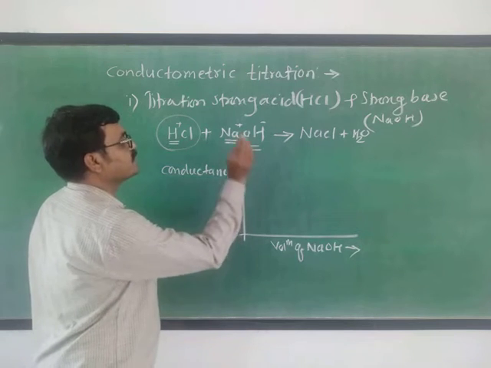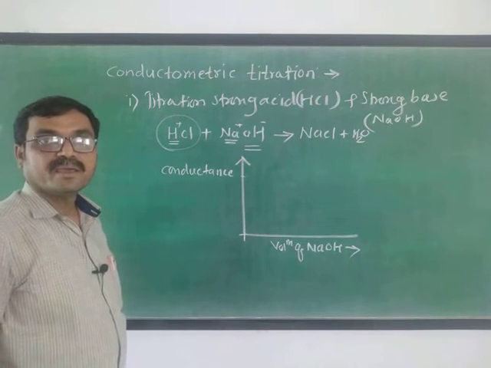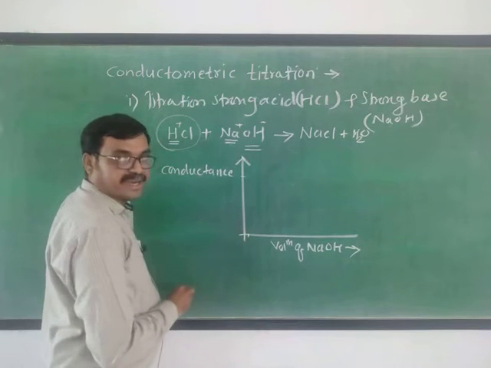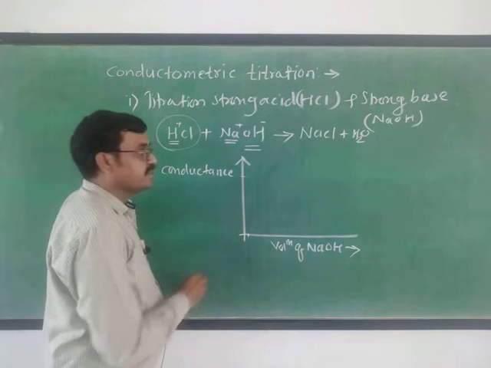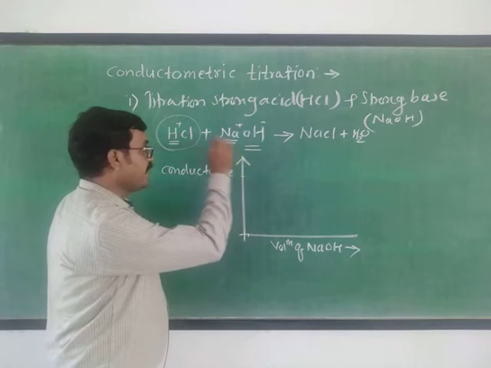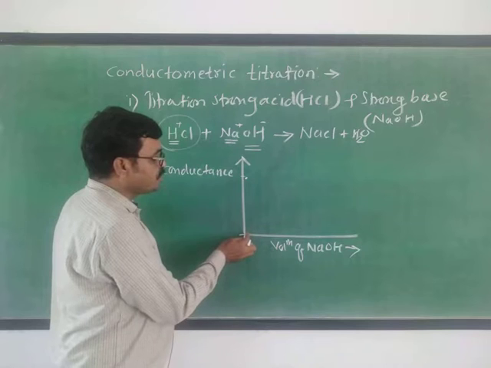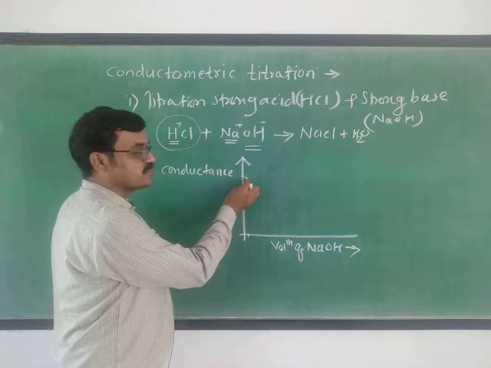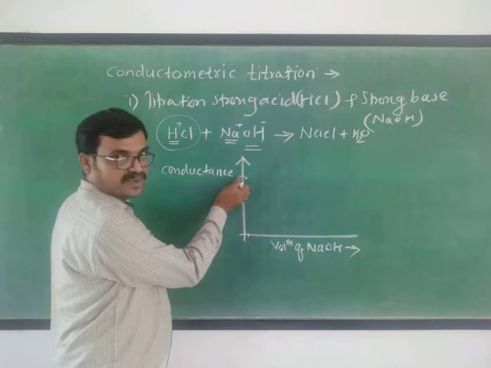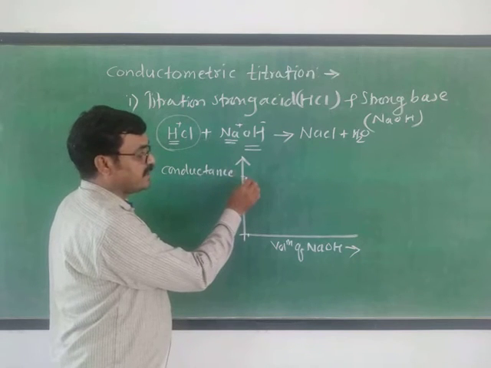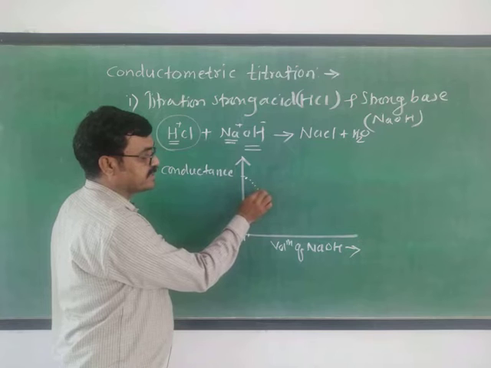That's why due to HCl there is high conductance. But when a small amount of NaOH is added, say 0.5 ml, the reaction takes place and high mobile H plus is replaced by low mobile Na plus. That's why for this 0.5 ml the conductance will be low as compared to the previous one.